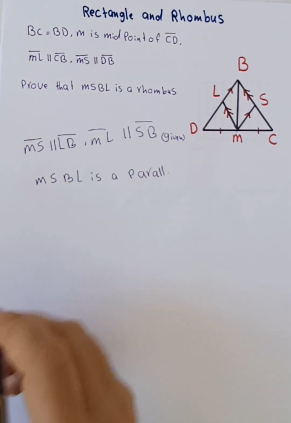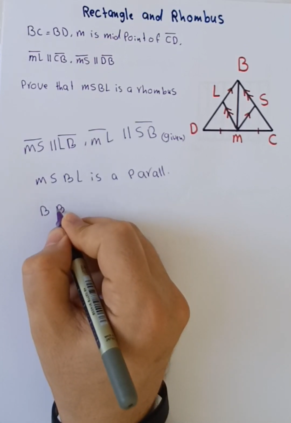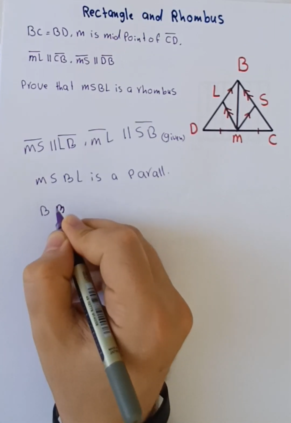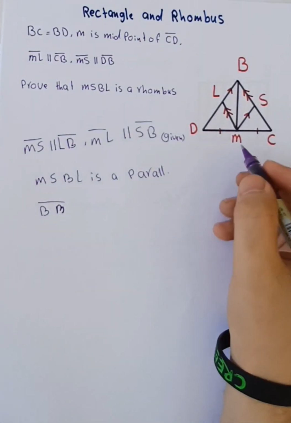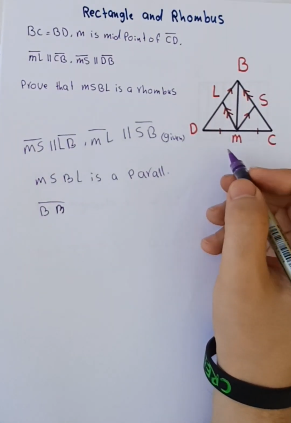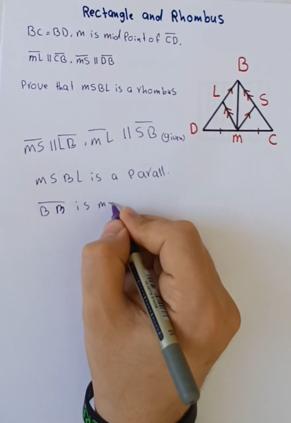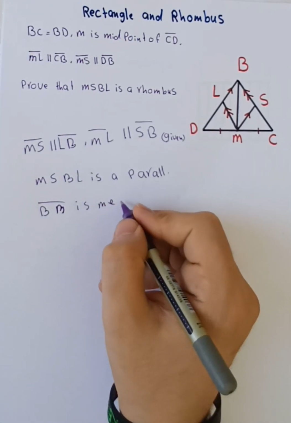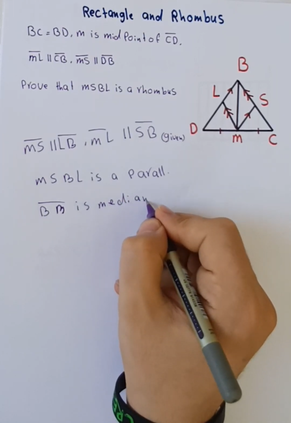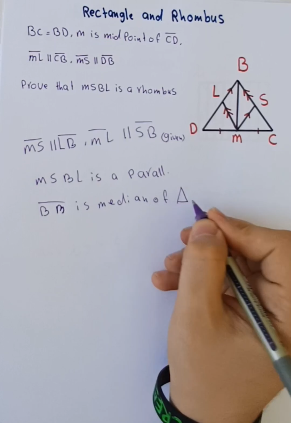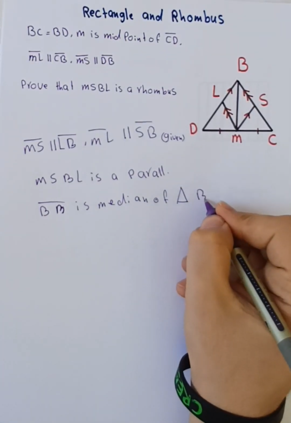After that, we can say BM, the line segment BM, is a median of triangle BCD.